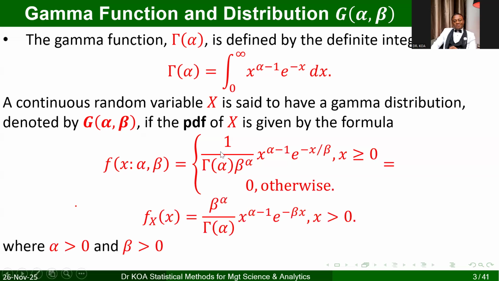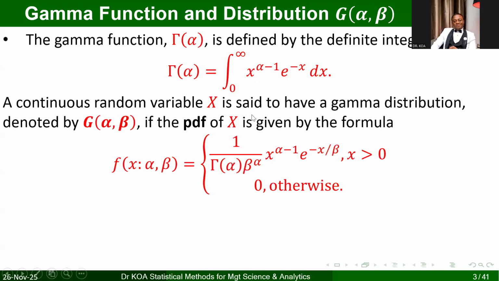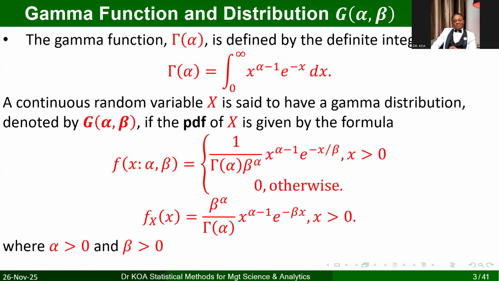The first way is this, when x is positive. Just a second, I just need to correct that. So you have this function when x is positive, that is the probability density function of the gamma distribution. Or if it is not, then you have a 0.